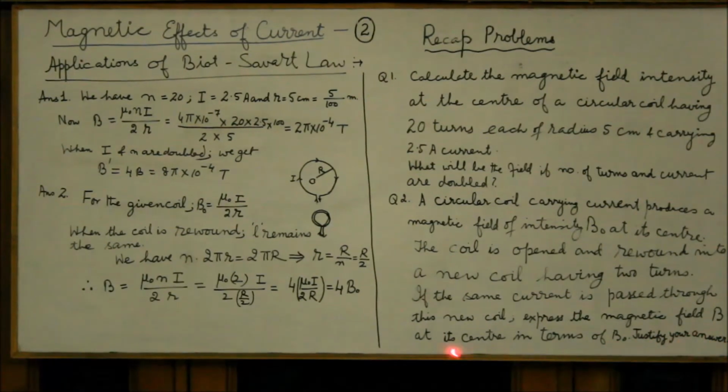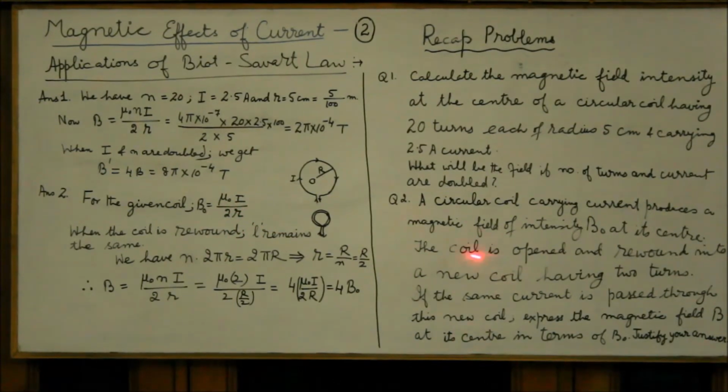Justify your answer. This is the given coil. Let's suppose that the current it carries is I and its radius is R. The field at its center will be given by B0 equal to mu naught I over 2R.